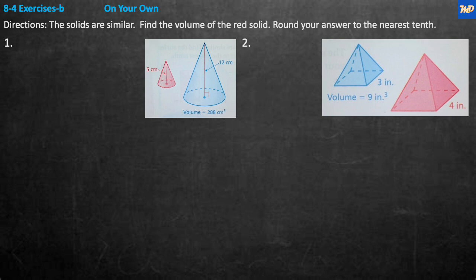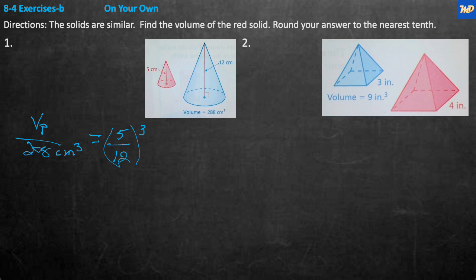We want the volume of the pink, so I'm going to say the volume of the pink, P, divided by 288 centimeters cubed, is equal to some ratio cubed. And the ratio is, we want the pink, so the pink is on top. So we put the 5 on top for the pink one, and the 12 centimeters is on the bottom. That's from the blue one.